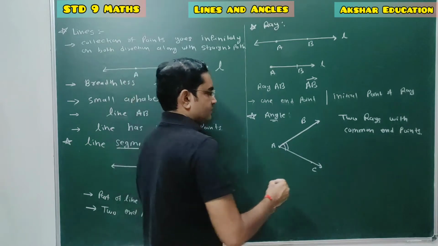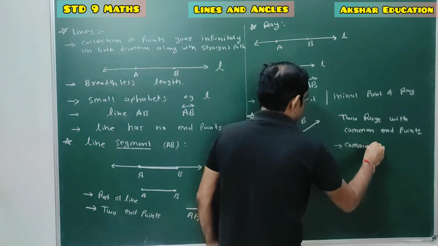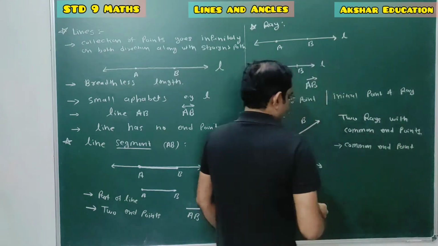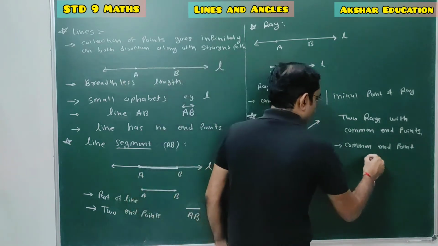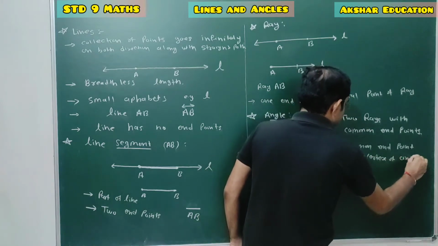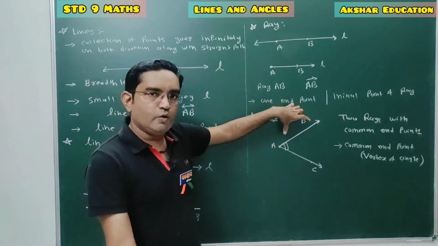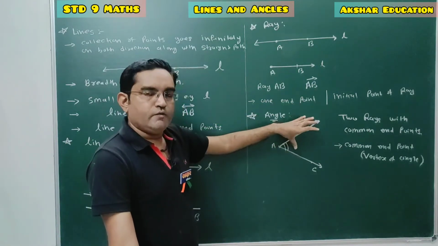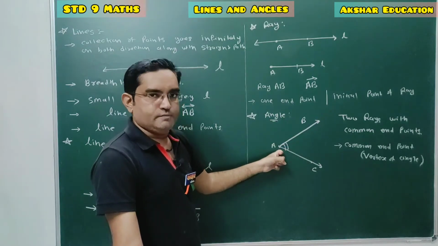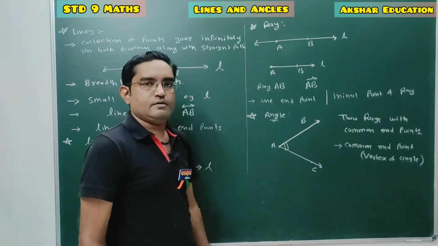That common endpoint in the angle is known as the vertex of the angle. Clear? If two rays with a common endpoint form an angle, then the common point, or we can say the common initial point, is known as the vertex of this angle.